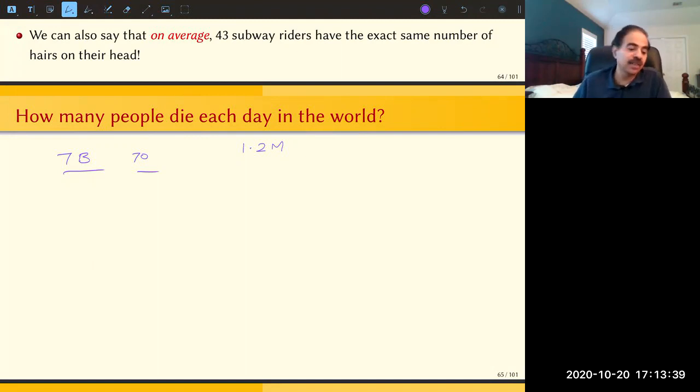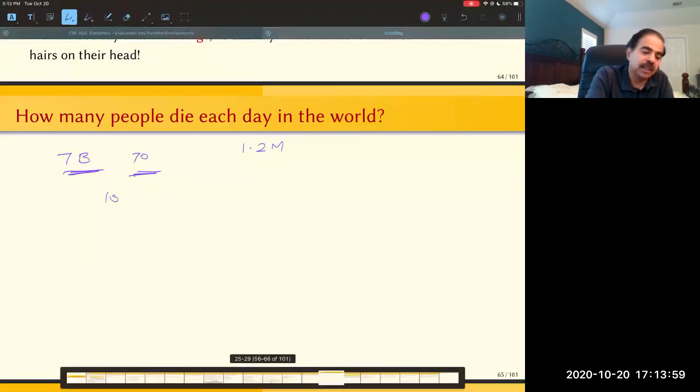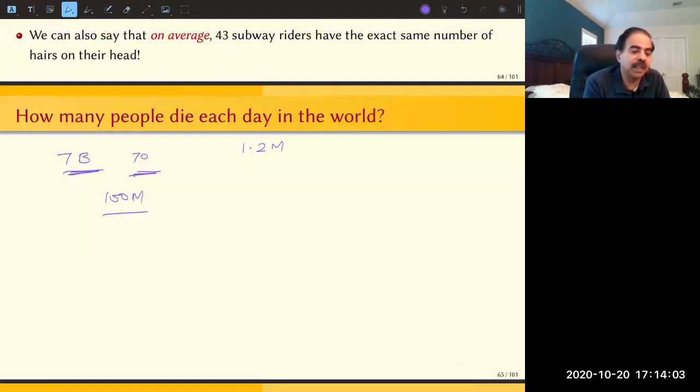So it's reasonable to say that the ages are uniform, and therefore, if there are 7 billion people, 1/70th of that will be in the last year of their life, and therefore they will likely die. And so the number would be like 100 million people die each year, right?